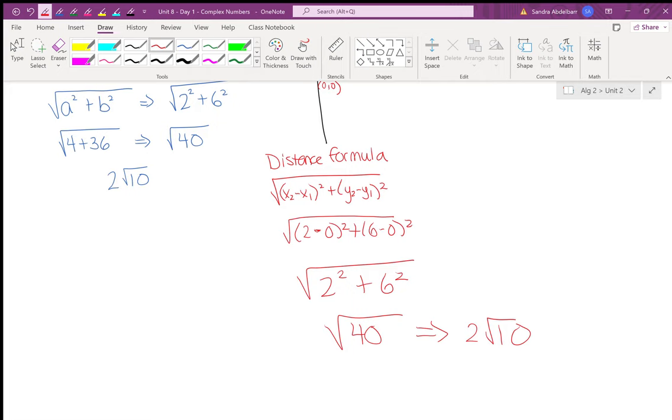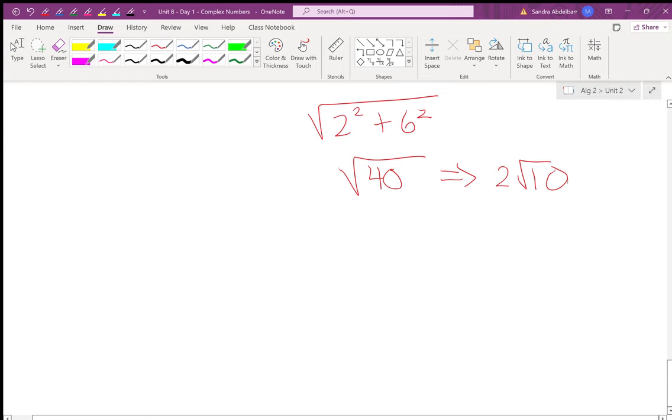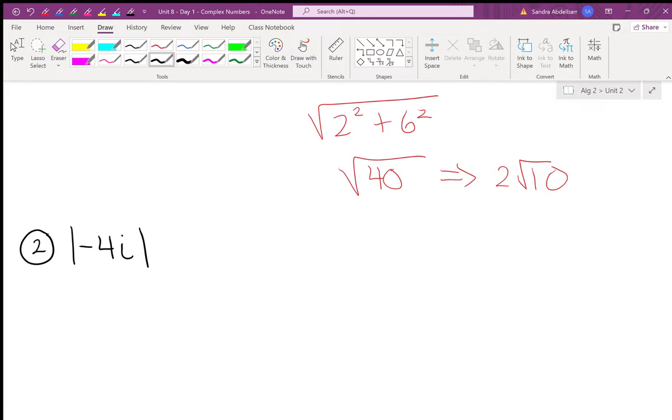All right, let's practice this. So now let's say I ask for the absolute value of negative 4i. So remember, we want the root of a squared plus b squared. Well, how do I write negative 4i as a complex number? We need it in the format of a plus bi.